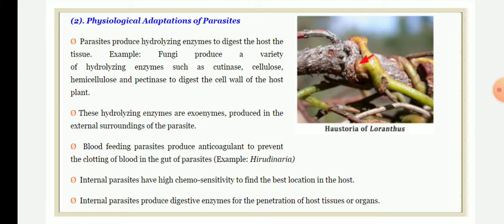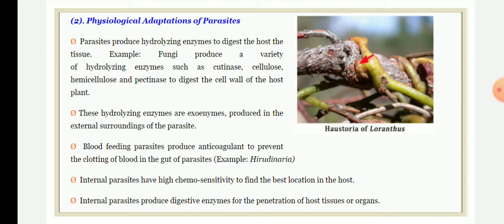For example, in Fasciola and Ascaris, degeneration of the alimentary canal is observed, whereas in Taenia solium, the tapeworm, there is total disappearance of the alimentary canal.